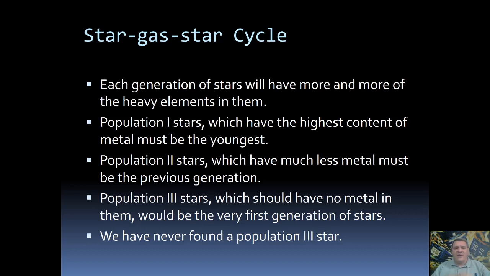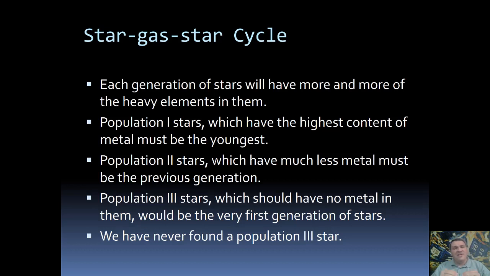So we mentioned we have these different populations of stars. Population 1 stars are young and metal rich. Both of those suggest that those are a recent generation of stars. Population 2 stars are old and metal poor. Because they're older and have less metal, that means that they had to form before the current generation of stars.